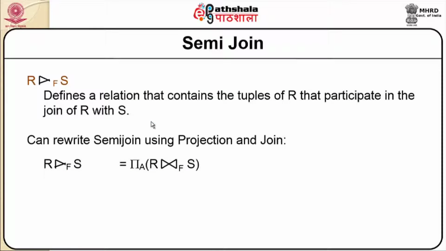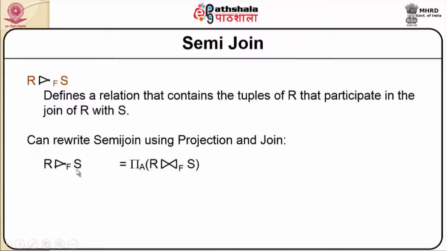And the last operator with the join is semi join. This semi join is represented with a notation, a half join with a predicate between two different relations R and S. A semi join defines a relation that contains the tuples of R that participate in the join of R with S, and this can be rewritten with basic projection and join operations.